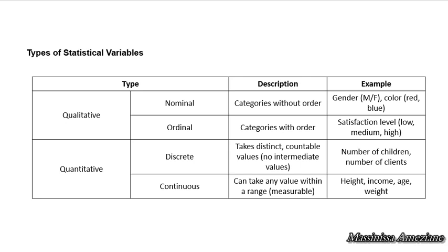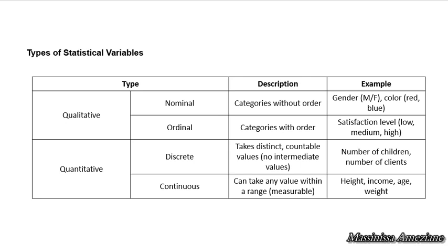And we have continuous data, numerical values that can take any value within a range and are usually obtained by measuring. It can take any value in a range; let's say between 1 and 2, there is an infinity of values inside. This is what we call a continuous variable.